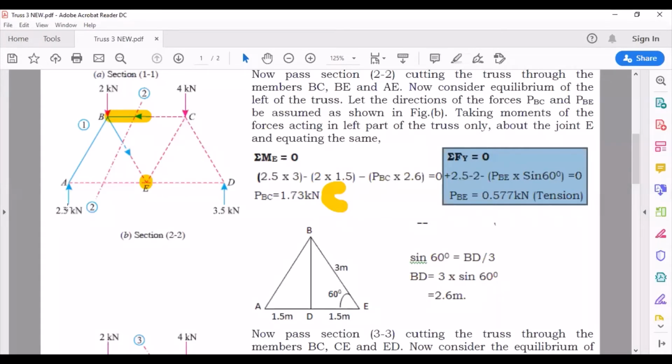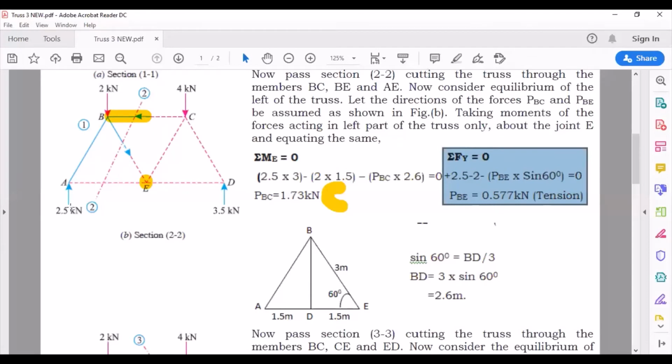You have a vertical reaction, that is 2.5, a vertical force acting at point B, that is 2 kilonewton, and the vertical component of BE. You will not consider member AB again, because it is not cut by the section.